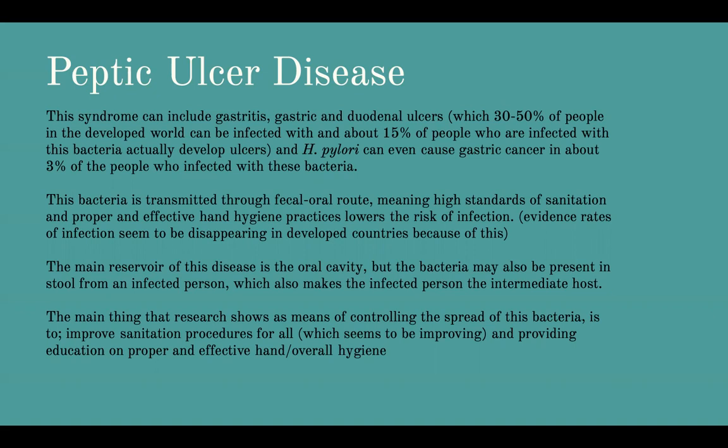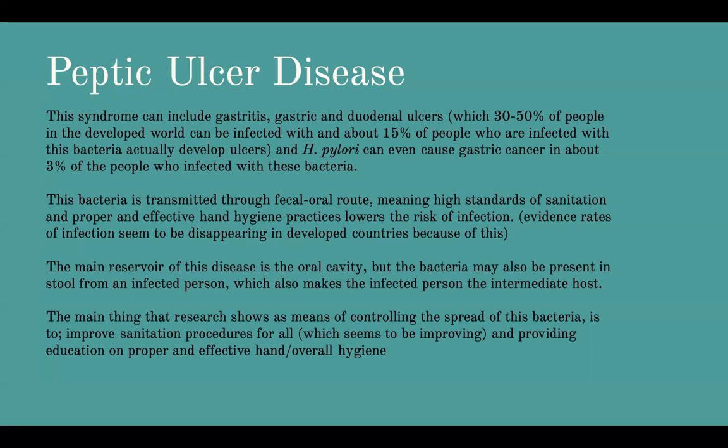This bacteria is transmitted through the fecal-oral route, meaning high standards of sanitation and proper and effective hand hygiene practices lower the risk of infection. And evidence shows rates of infection seem to be disappearing in the developed countries because of this. The main reservoir of the disease is in the oral cavity.